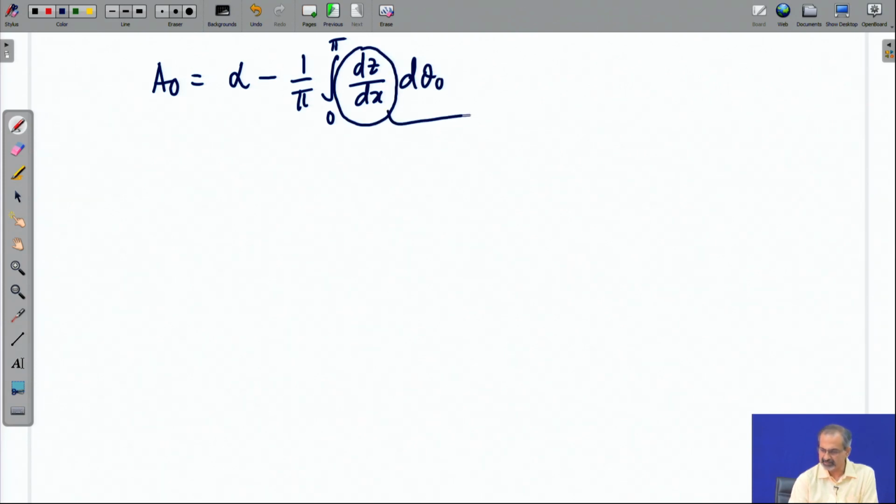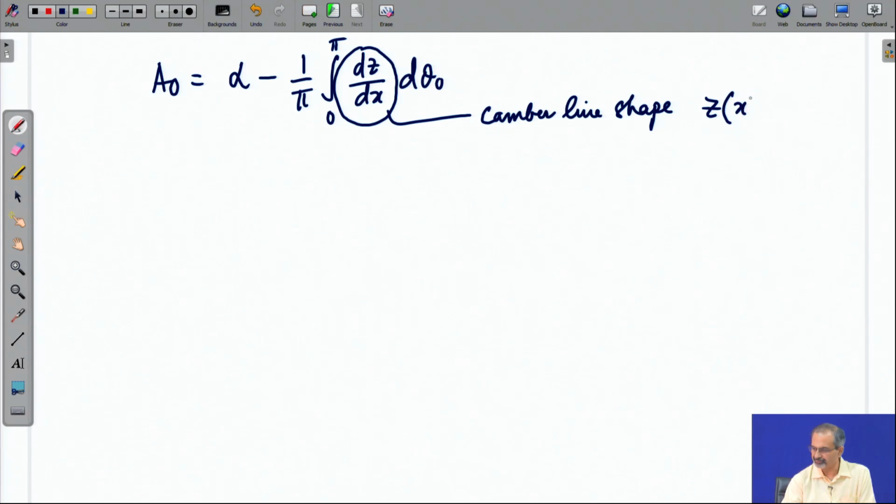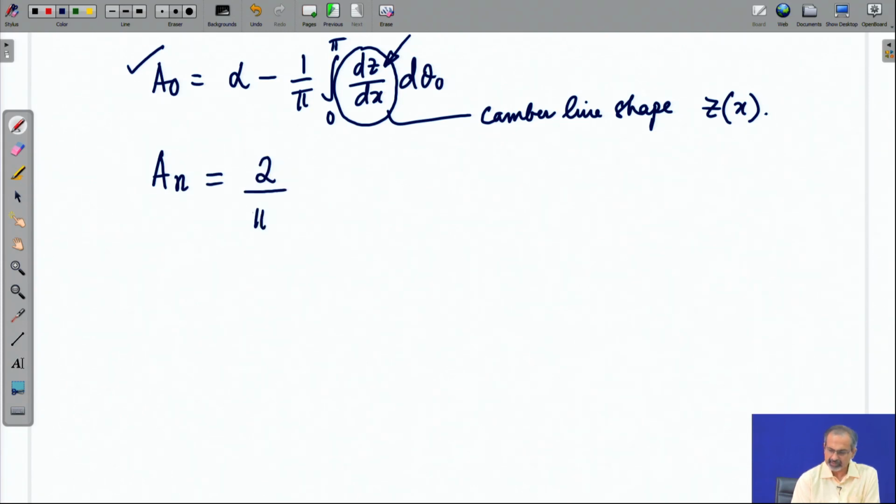So, dz/dx basically depends on the camber line shape. So, if you are provided this function, you can always calculate what this is, and therefore, you can find out this coefficient and substitute it in that expression to give gamma theta. In addition to A naught, you will find that the A n's are also dependent on dz/dx.